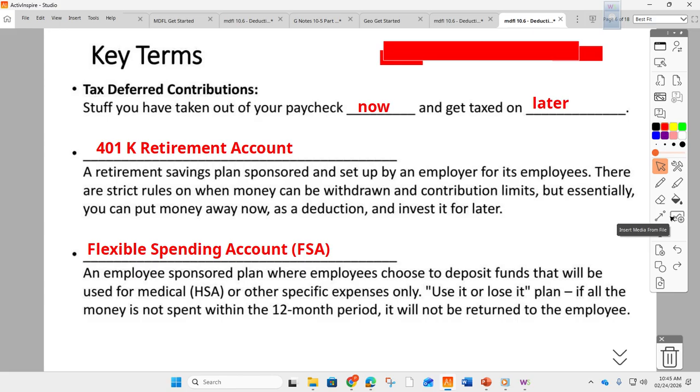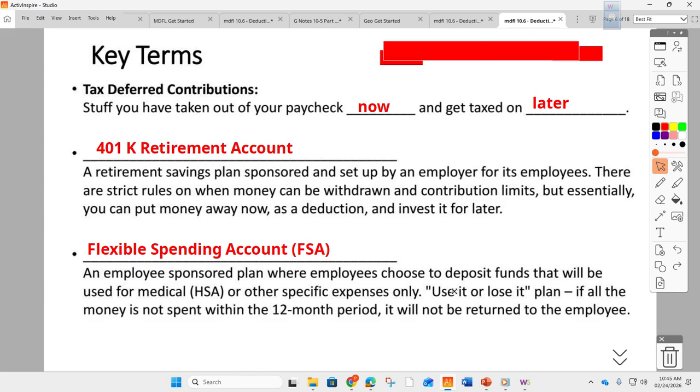So let's say you need a pair of crutches, and you go to CVS and buy crutches. You could use your flexible spending account for that. You're going to have to pay sales tax on it, but you didn't have to pay income tax on it. Does that make sense? Also, prescription medicine, even if you have health insurance, you have to pay a copay for it. It's not the full amount of the drug cost, but you have to pay some of it, and you can use your flexible spending account for that as well. They usually give it to you like a debit card.